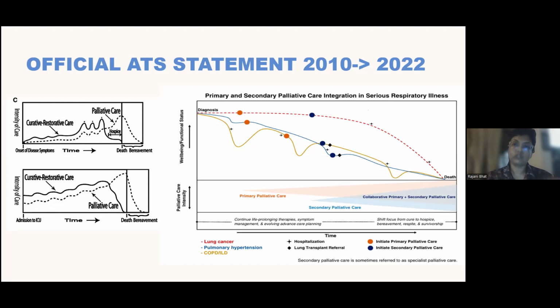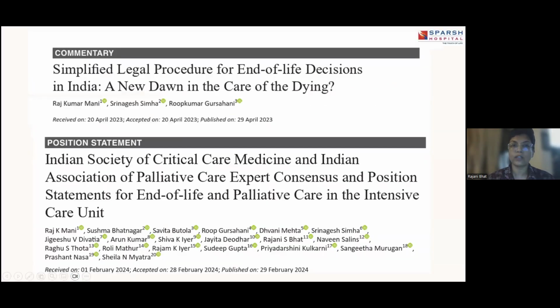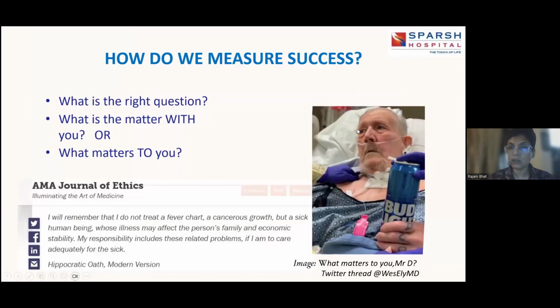The image that I had shown you earlier of that gentleman, I'll just go back to it, sorry, so that I can just tell you the story of that gentleman. This is a gentleman who had severe COPD, who had had exacerbations a couple of times and hospitalizations. And this picture is taken from Dr. Wes Ely, who is someone who works a lot in the area of palliative care in ICUs and specifically with patients with respiratory disorders.